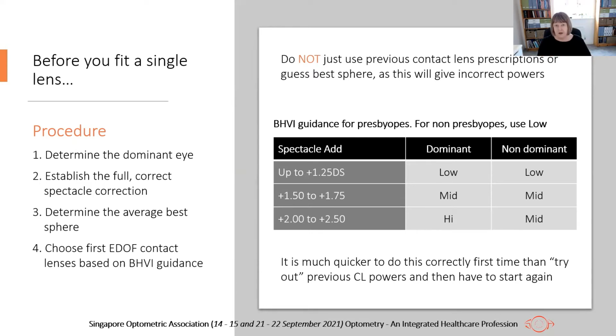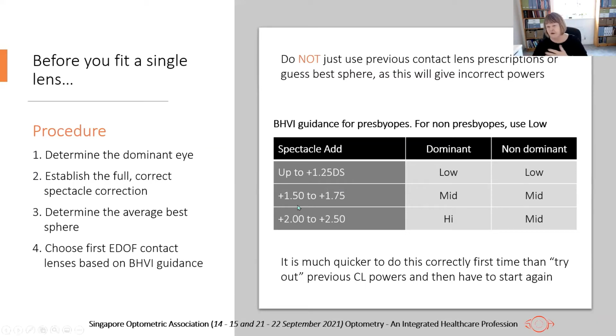Determine the calculated best sphere, then look at that by testing it out. I'll talk about that more in a moment. And then choose your first EDOF contact lenses based on the guidelines, which are 3 types based on range of spectacle add: up to 1.25, up to 1.75, that mid area, and then over for your higher types.